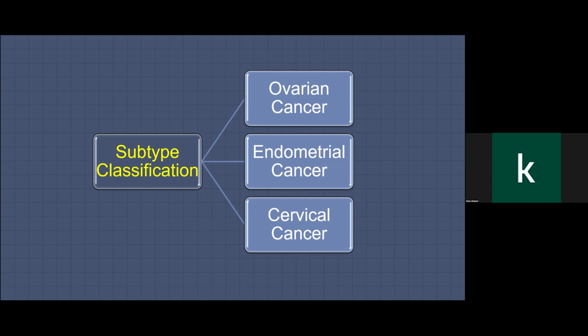In all of these studies, they used the algorithms alongside the histopathologist's opinion, and from this they can calculate the accuracy of the algorithms and how well they work. Can we go to the next slide, please?